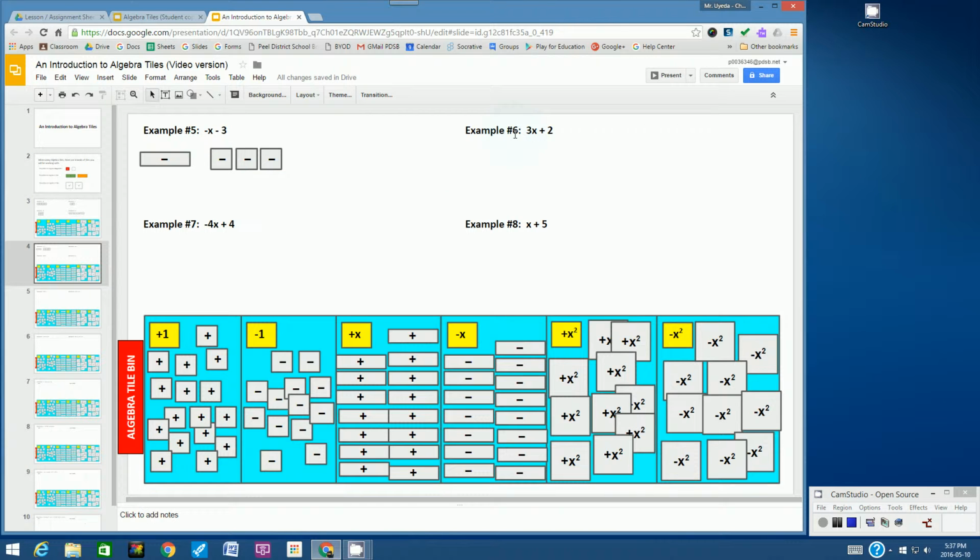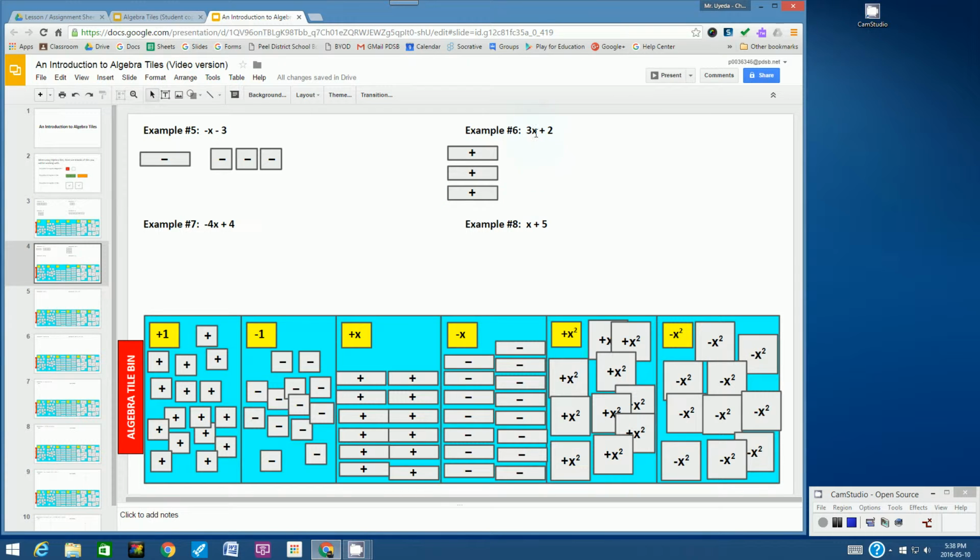All right, let's go to example 6. See if you can get ahead of me here. We have 2 terms, so let's look for any x terms first. We have 3x. How would we represent 3x with these tiles? I'm going to bring over 3 positive x tiles, 3 positive x rectangles, and this time I'm going to stack them vertically.